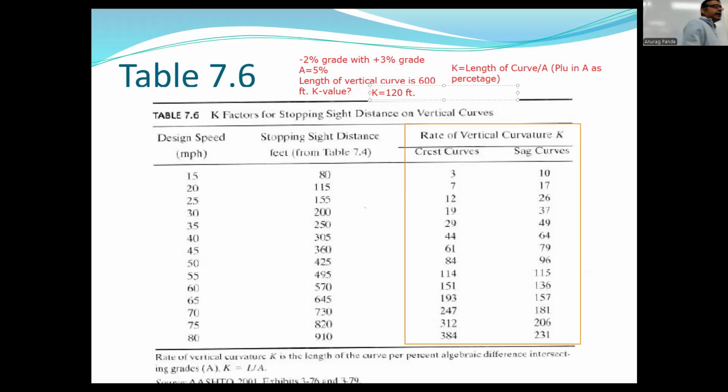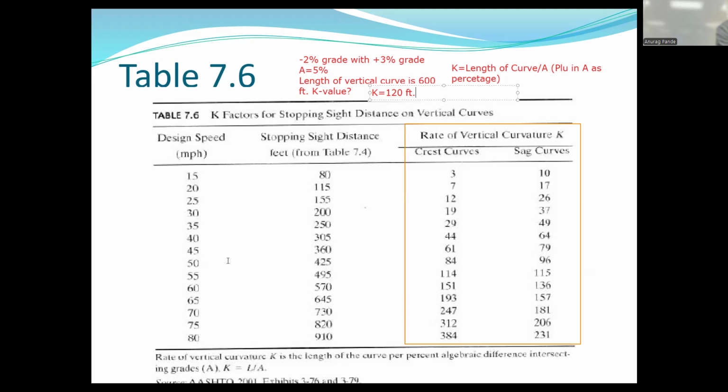Now my question to you is, if I want to find what would be an appropriate design speed for this curve, what would you say? Can you look up that information in this table? You should be able to, right? So tell me, what's the appropriate design speed for this curve?